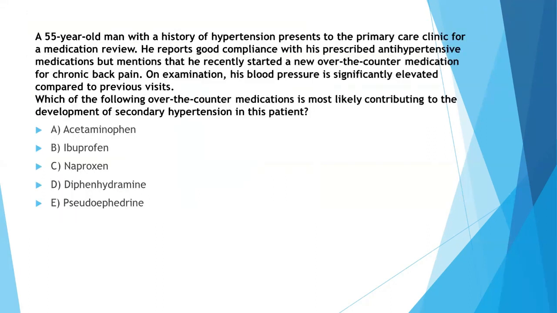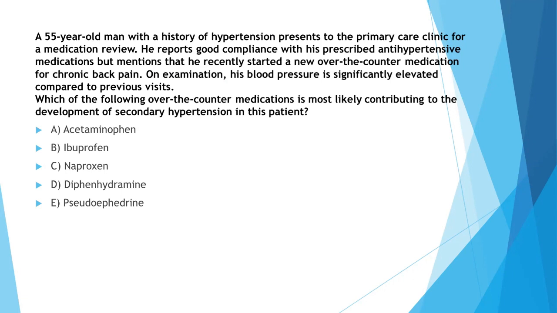So, which of the following over-the-counter medications is most likely contributing to the development of secondary hypertension in this patient? A 55-year-old man with a history of hypertension presents to the primary care clinic for a medication review. He reports good compliance with his prescribed antihypertensive medication, but mentions that he recently started a new over-the-counter medication for chronic back pain.